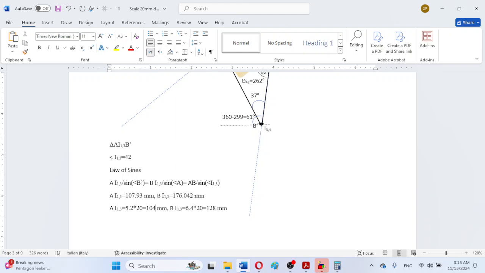Our analytical result from trigonometry is 107.93, so that is quite near. Only a 3 or 4 millimeter difference is there, so that is all okay.